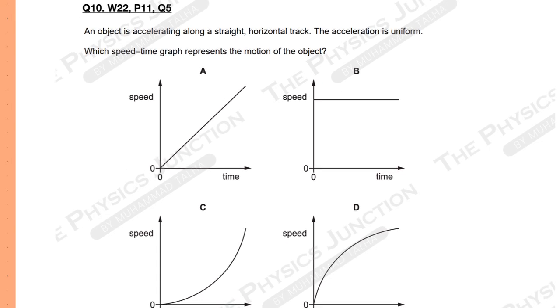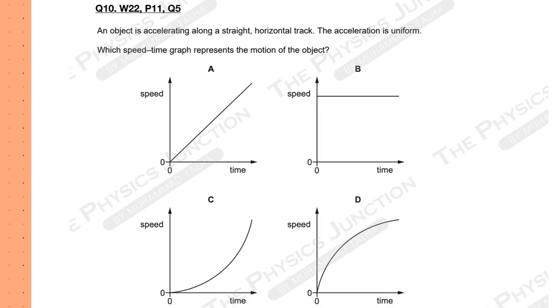Alright, let's zoom in, zoom out, and look at this one again. An object is accelerating along a straight horizontal track. Acceleration is uniform. Which speed time graph represents the motion of the object? So speed time graph, gradient is acceleration.